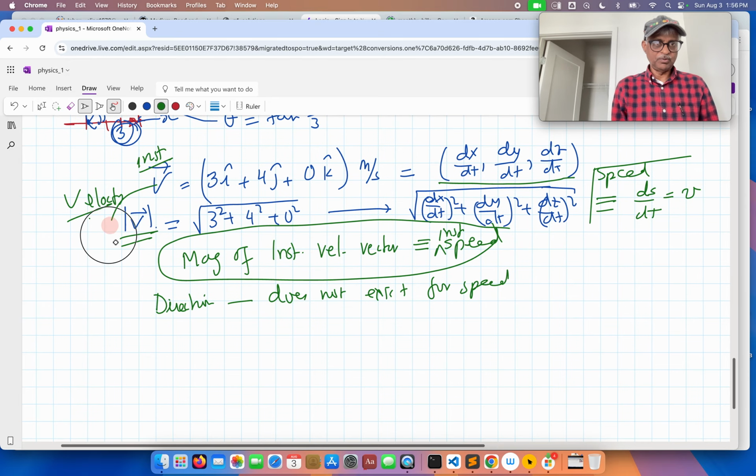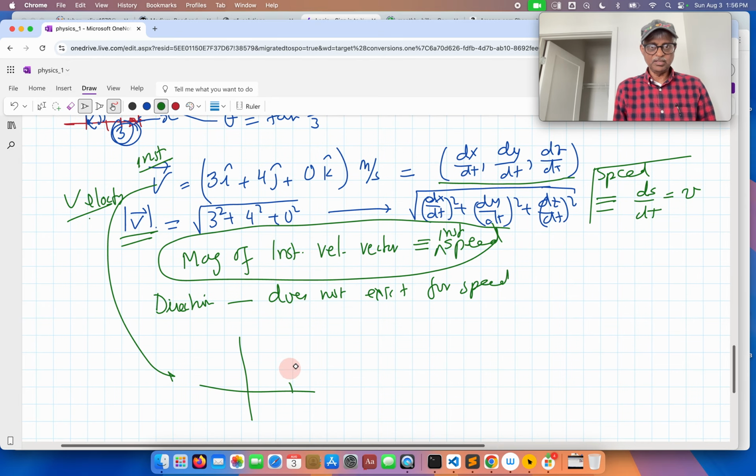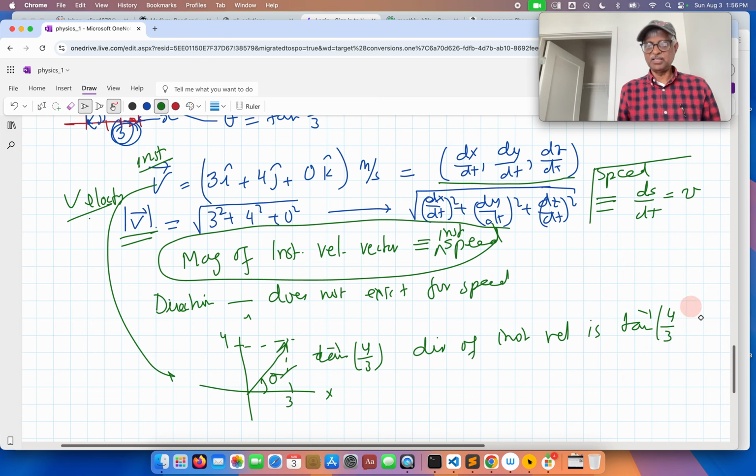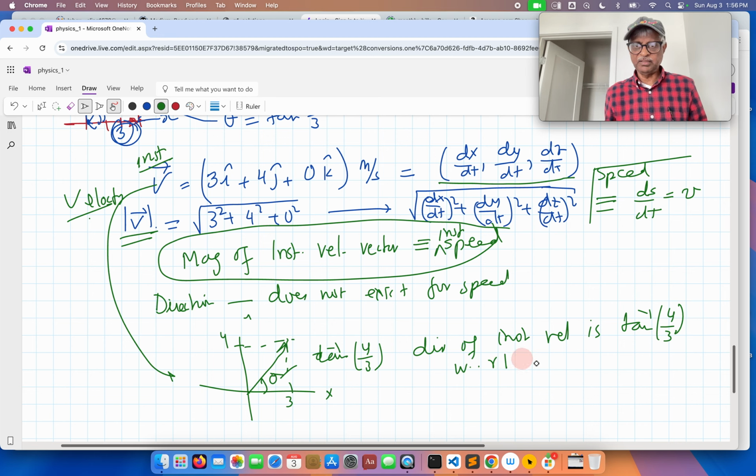But in the velocity, this was 3 and 4, x and y, so definitely this has direction, and I can use this angle theta to say the direction of instantaneous velocity is the arctangent of 4/3, which is about 53 degrees, with respect to the positive x-axis, counterclockwise.